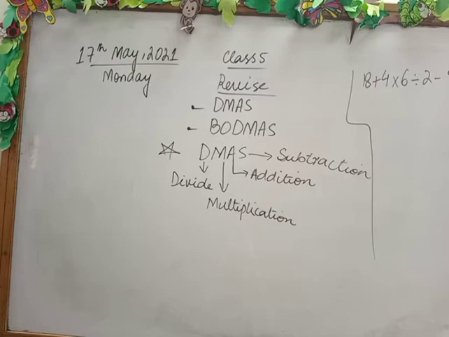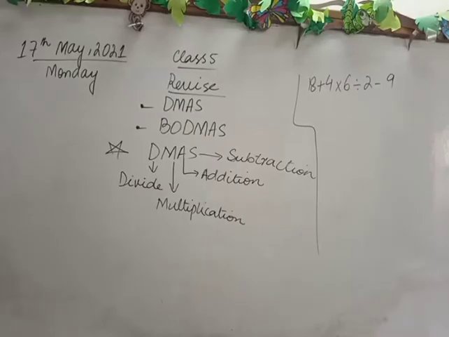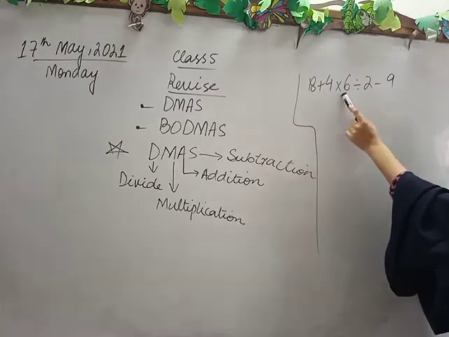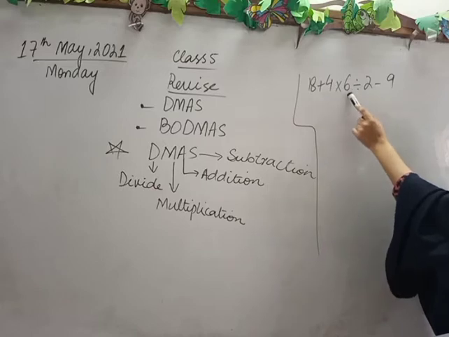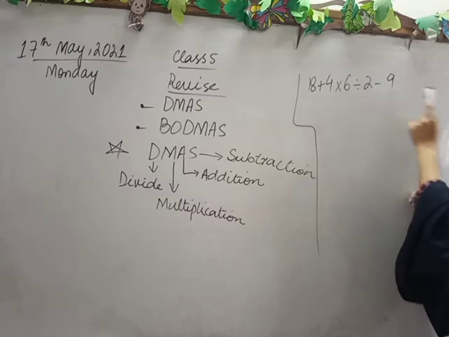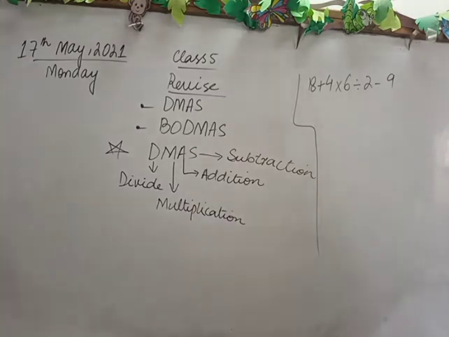The first is addition, which is lying between 18 and 4. Then multiplication, which is lying between 4 and 6. Then division, which is lying between 6 and 2. Then subtraction, which is lying between 2 and 9. Isn't it class? Very good. So in this way we will apply DMAS rule.